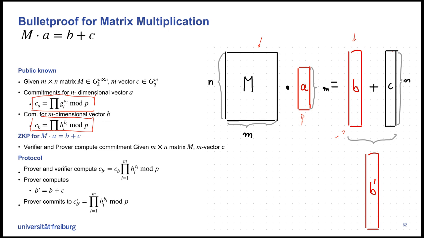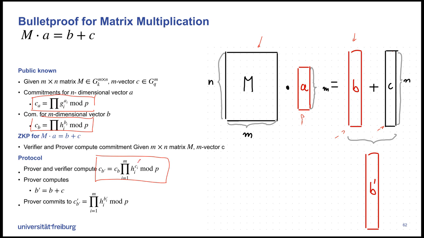So for example, the easiest thing is, we have this public information C and we want to add it into a new vector. So I just take a new commitment for B prime, which is CB times this product of H_i to the c_i. Just multiply it.